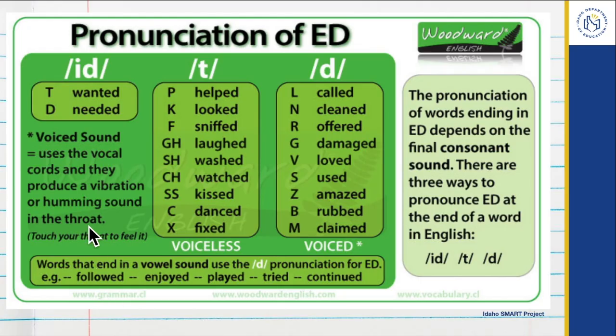If you noticed, a voiced sound will always have a d with it because your voice is already on. So ED will make d when the last sound in the word is a voiced sound. If the last sound in the word is an unvoiced sound, then ED will say t.